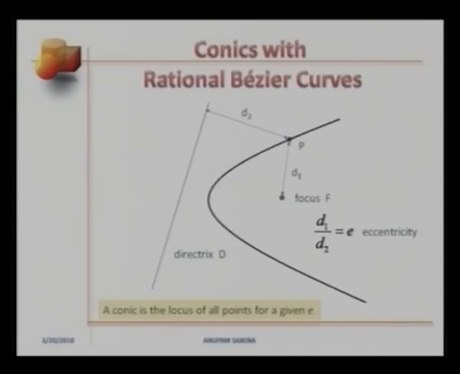In other words, all these points on this curve will be such that the distance between any point here and the focus over the distance between that point and the directrix has a constant ratio, the eccentricity E.